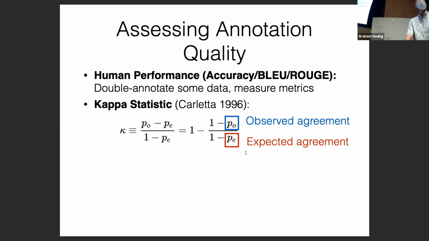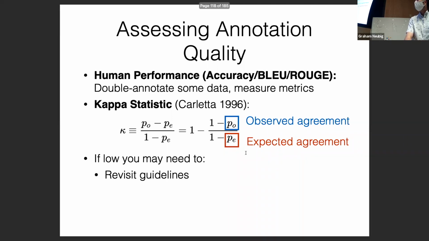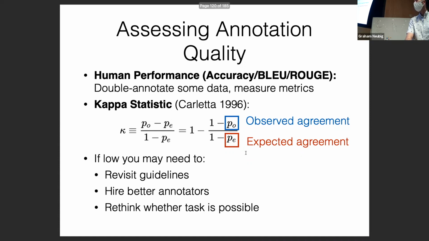So the kappa statistic is a way to control for this. You can find more information about this if you're interested. If it's low, you may need to revisit your guidelines, hire better annotators, or rethink whether the task is possible in the first place. Once you've done both of those, if you do a really good job on this, then I'd be much more convinced that human performance is actually an upper bound to machine performance.